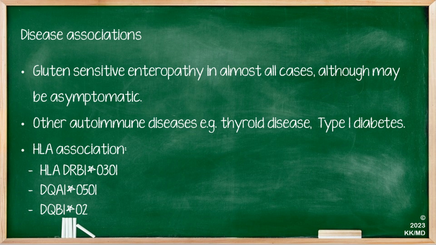Importantly for MRCP, especially your written examination, it's really key that you are familiar with the HLA associations with celiac disease and dermatitis herpetiformis. Those include HLA DRB1, HLA DQA1, and HLA DQB1.